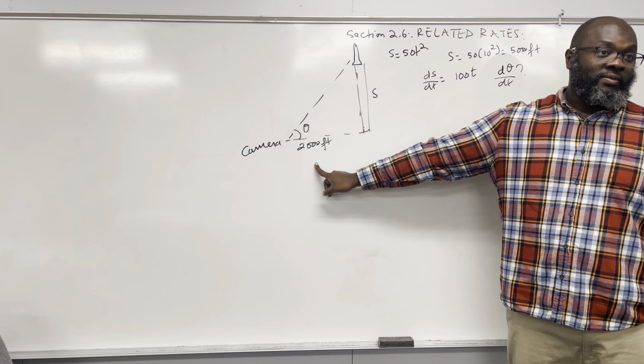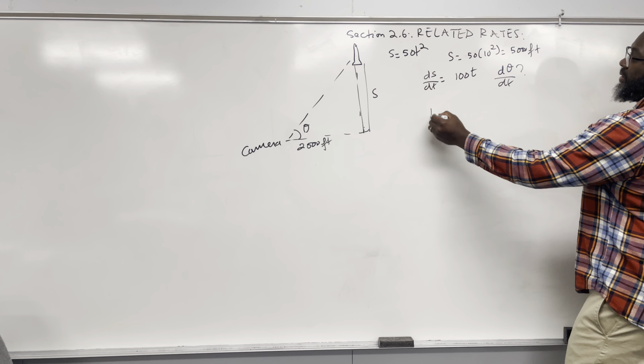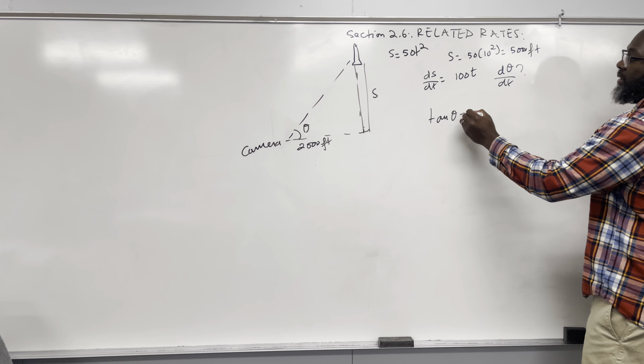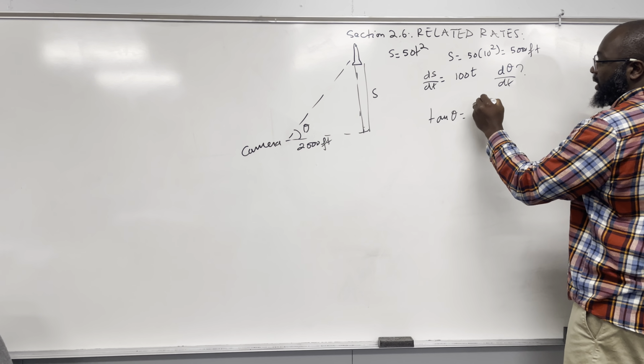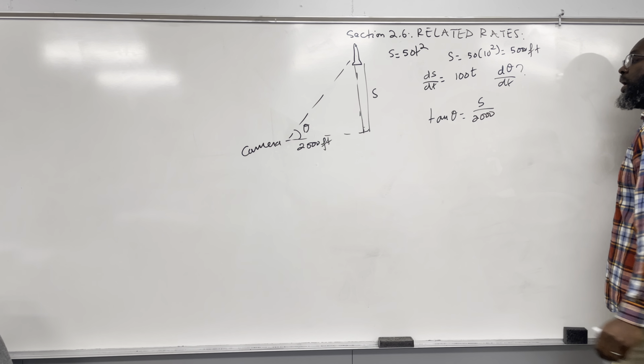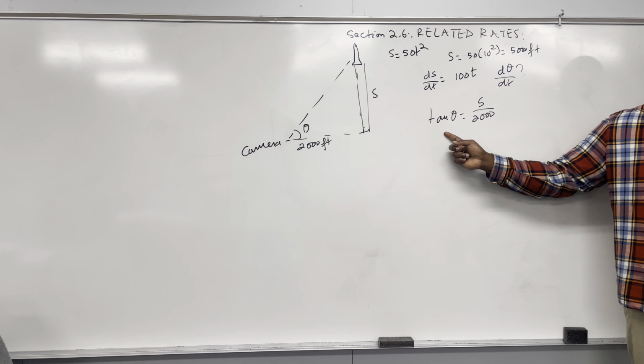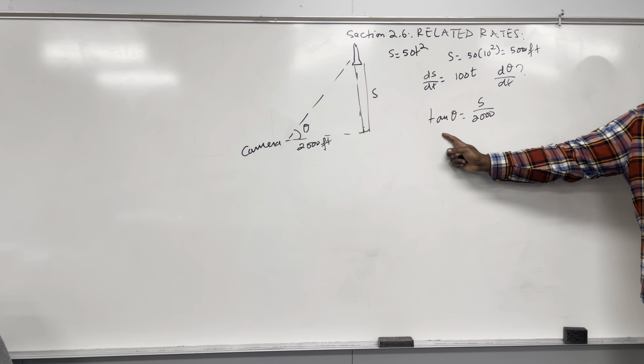Any questions? You remember that? Okay, so tangent of theta will be opposite, which is s, over adjacent, 2,000. Now, I want to find d theta over dt, so I need to find the derivative here. What's the derivative of tangent?